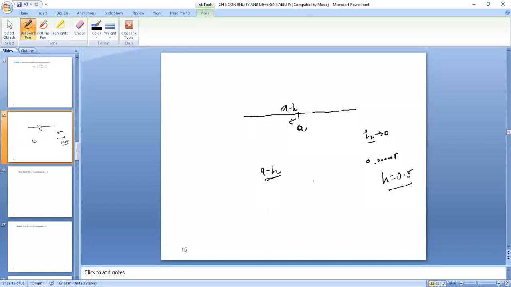And if I add h to A, then this A plus h will lie towards the right of A. On the number line, subtracting h puts it on the left, and adding h puts it on the right.